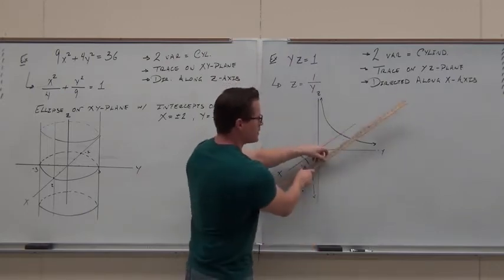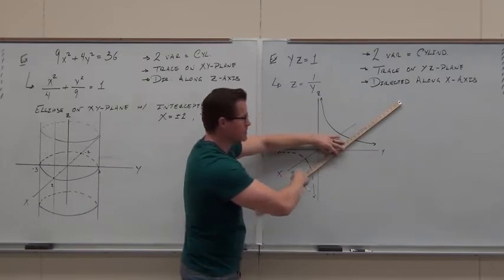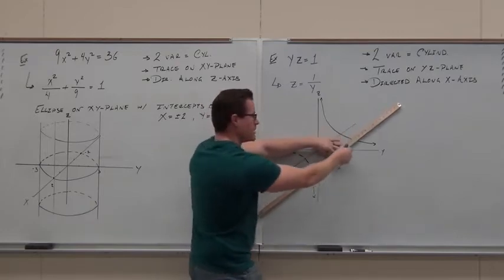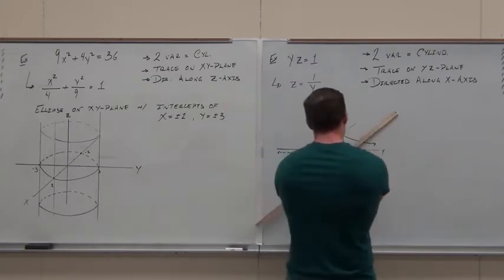Make your lines parallel to the x-axis. The x-axis is diagonal, so I'm going to make them parallel. There's no really good points. It doesn't really matter all that much.